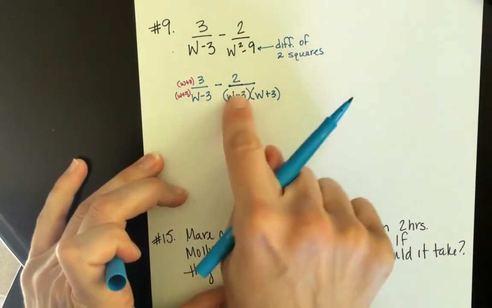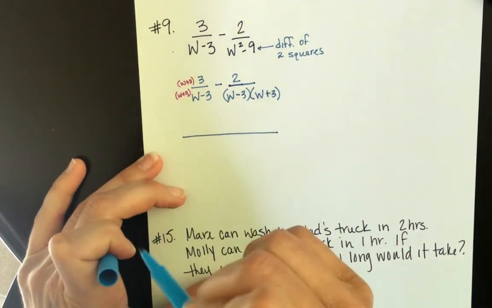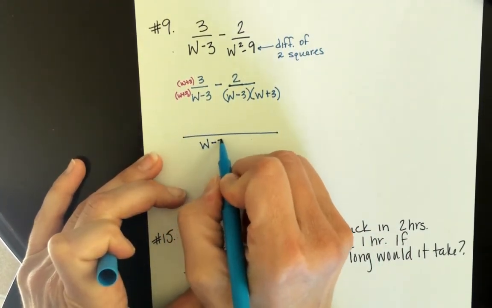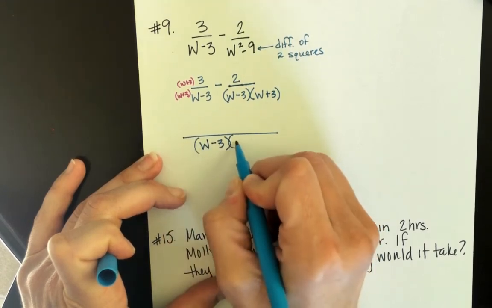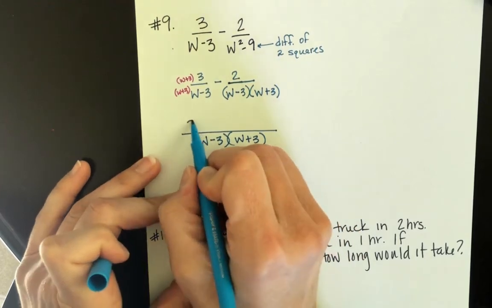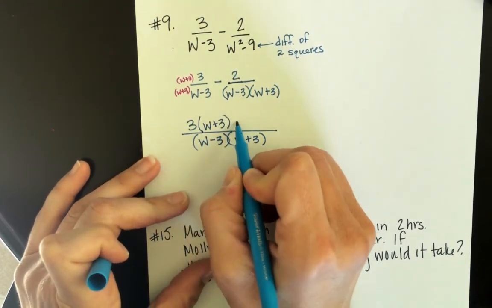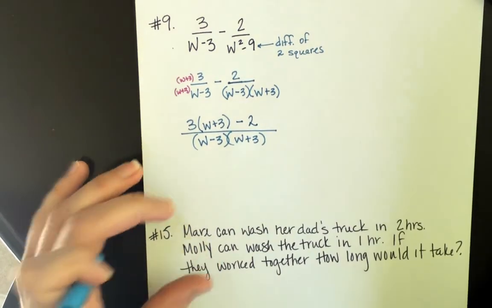That means this second one will just stay minus 2, but the first one, as my denominator stays the same, the top one I'm going to end up taking 3 times that w plus 3 and subtracting 2.